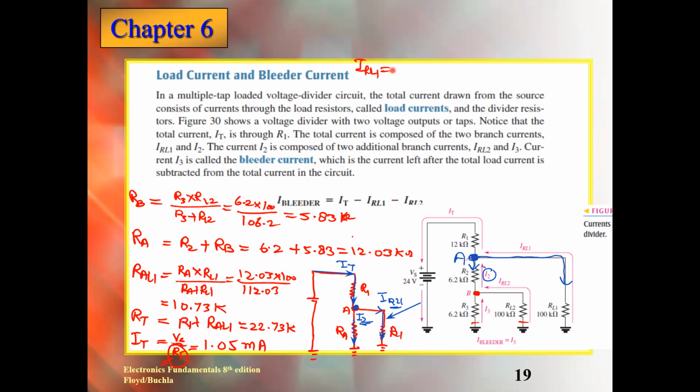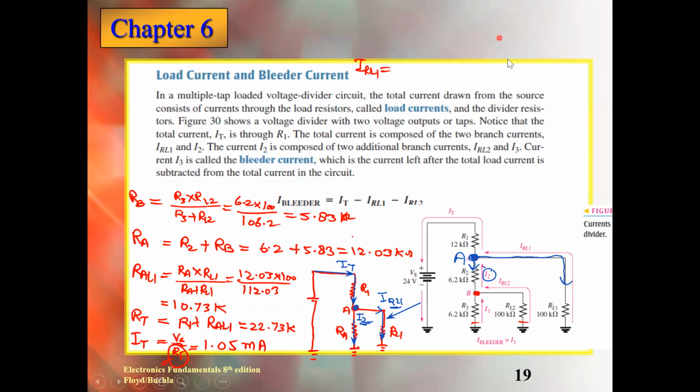Yes, Doctor, it's RL1 over the sum of RL1 and RL2. So again, it should be RL1 in the numerator. Yes. Very good.